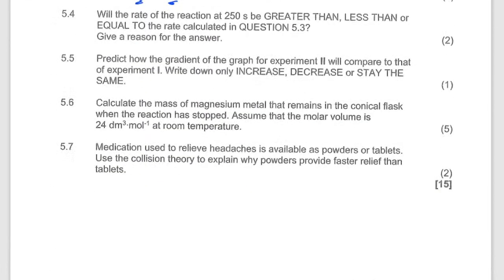Do you think it's going to be greater than, equal to, or less than? However much the graph is still going, there is an increase, but the increase is not as fast as before. So it's going to be less than. They're talking about the rate. They're not asking you about the increase.